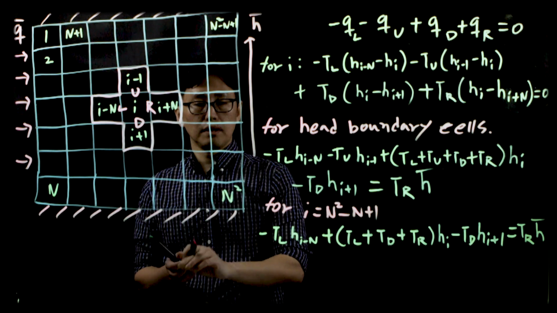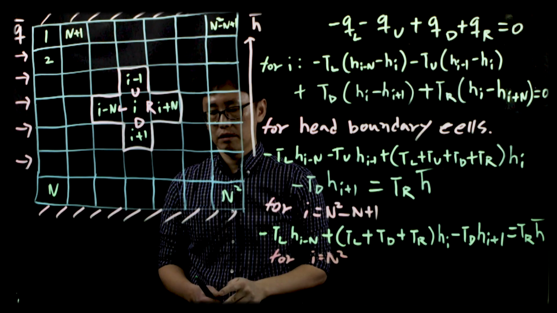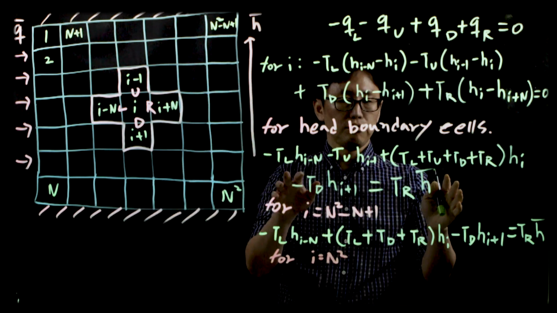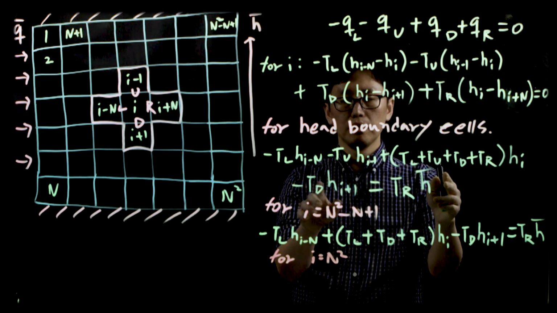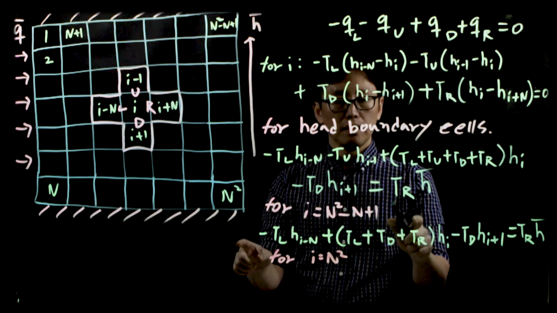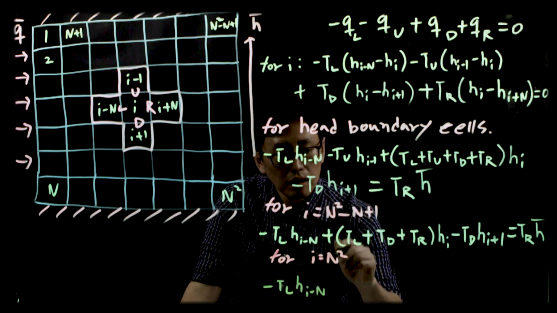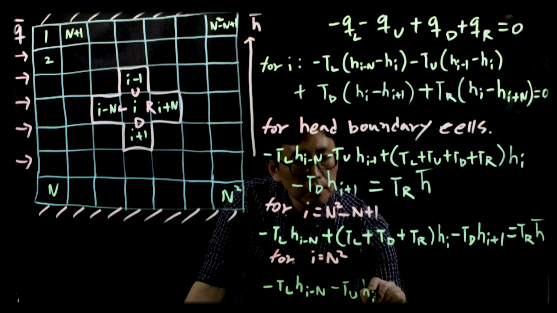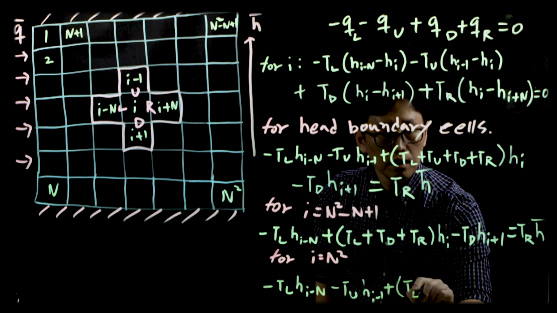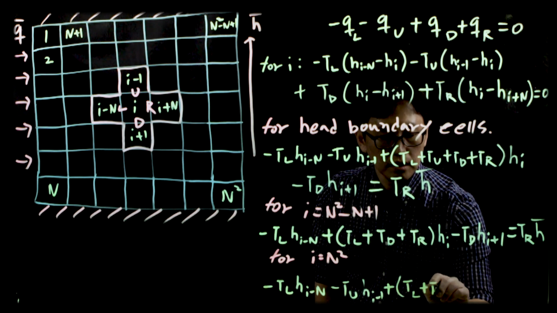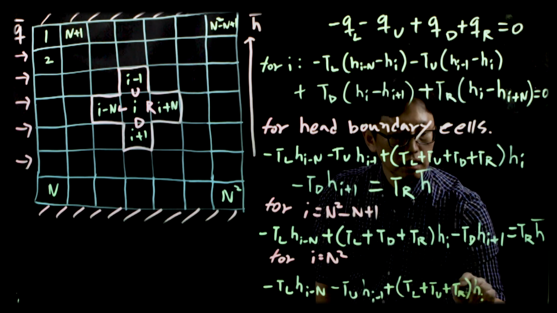And for the last cell, n square, we still have to use this equation, but canceling out the down term, TD. So we have minus TL HI minus N minus TU HI minus 1 plus TL plus TU plus TL HI.